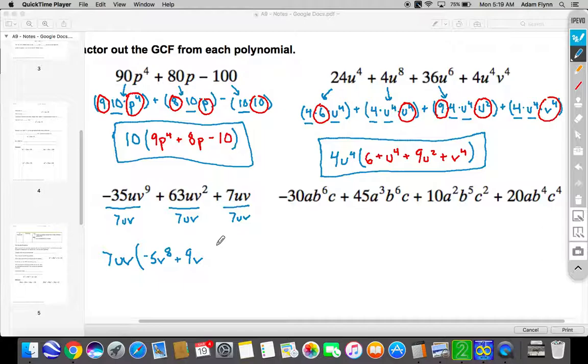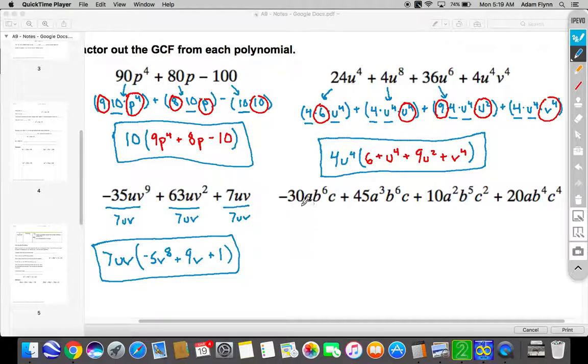A lot of people feel tempted to not put anything, close the parentheses, and circle the answer. Remember, anything divided by itself is 1. So we have 7uv divided by 7uv, which leaves us with plus 1. Okay, final answer.